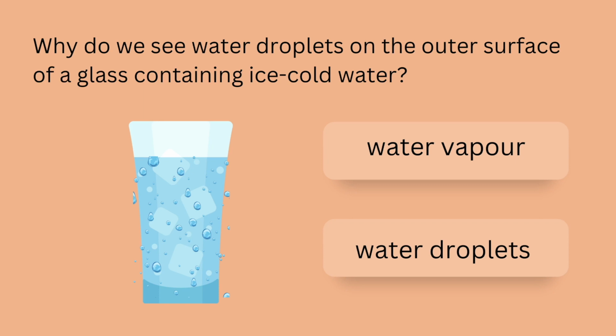Since it's cold, it can easily absorb heat energy, right? Energy flows from higher point to lower point. The water vapor present in air has higher heat energy when compared to the surface of the tumbler. So the heat energy passes from the water vapor to the tumbler.